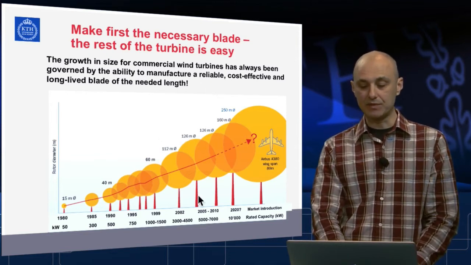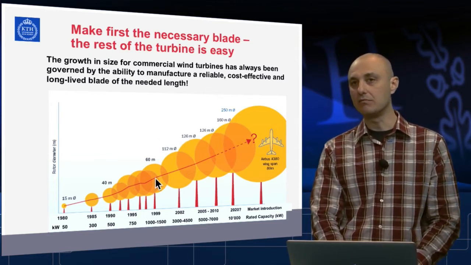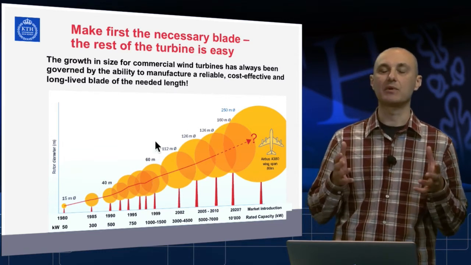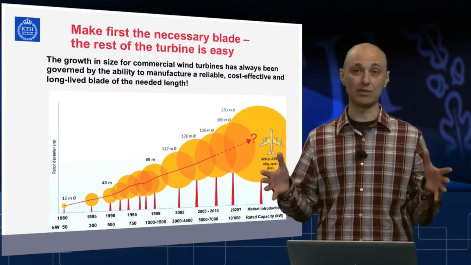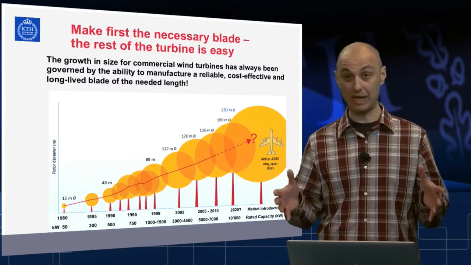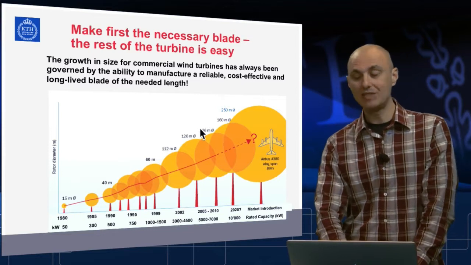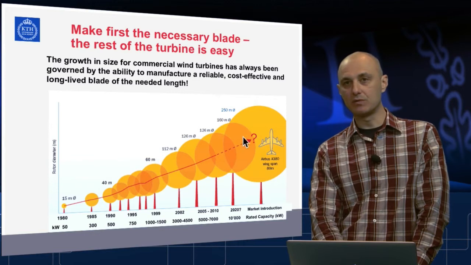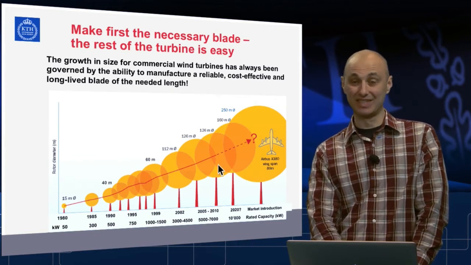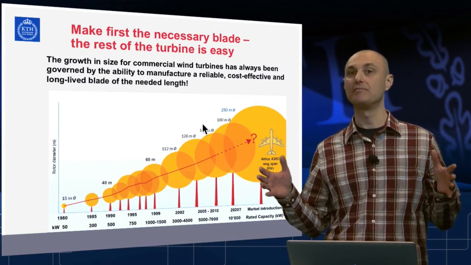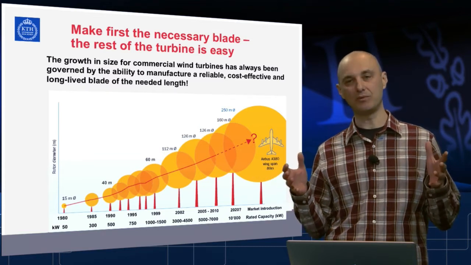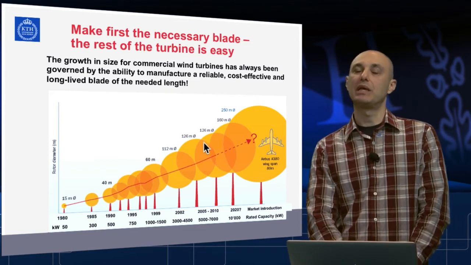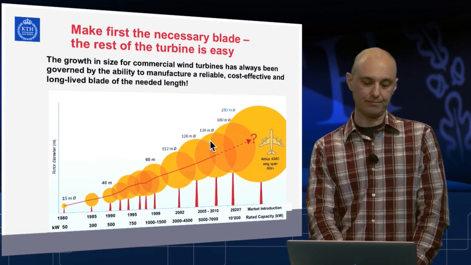But the attempts to reach the 3 megawatt output, which demanded approximately a 100 meter rotor, that would be the 50-meter blade length, were easily won by several manufacturers, and the step towards 120, 130 meter diameter, the 60-something meter blade that we have right now, the state of the art, was becoming more and more difficult.